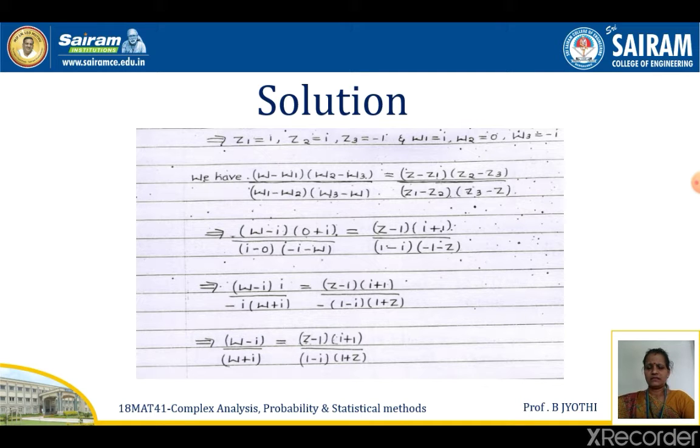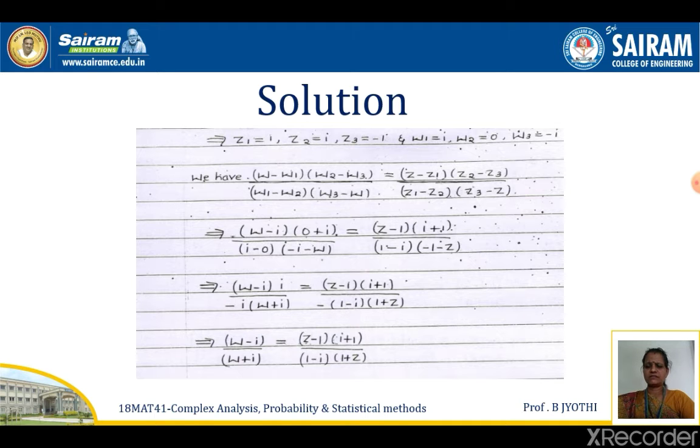On simplification, we get (W minus i)(i) divided by (minus i)(W plus i), which gives (Z minus 1)(i plus 1) divided by minus of (1 minus i)(1 plus Z), that is taking the minus sign outside from the previous step.